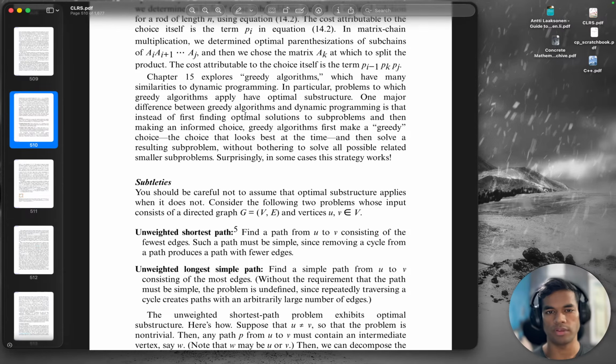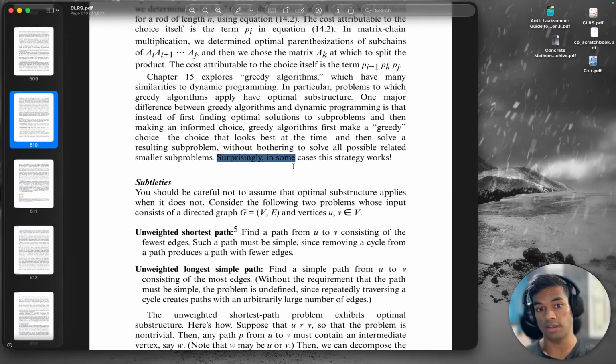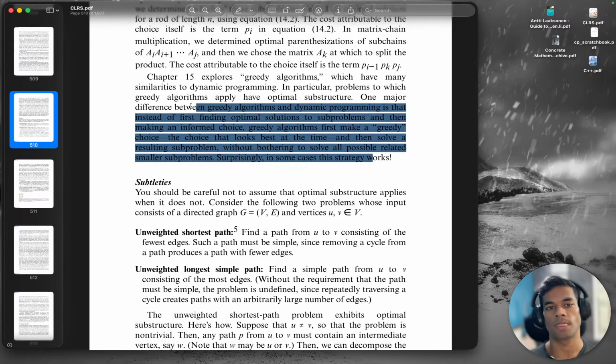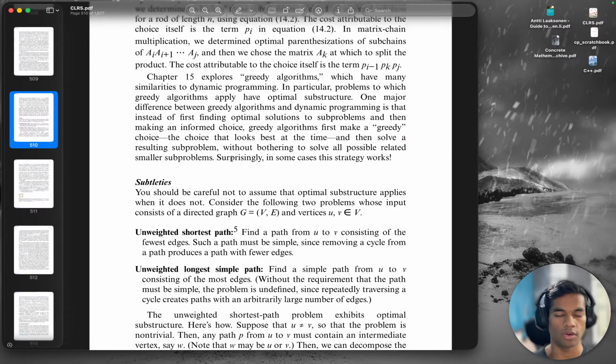One major difference between greedy algorithms and dynamic programming is that instead of first finding optimal solutions to the subproblems and then making an informed choice, greedy algorithms first make a greedy choice, the choice that looks best at the time, and then solve a resulting subproblem without bothering to solve all possible related smaller subproblems. Surprisingly, in some cases, this strategy works. That is cool, and we will know more about greedy algorithms when we get to the next chapter.